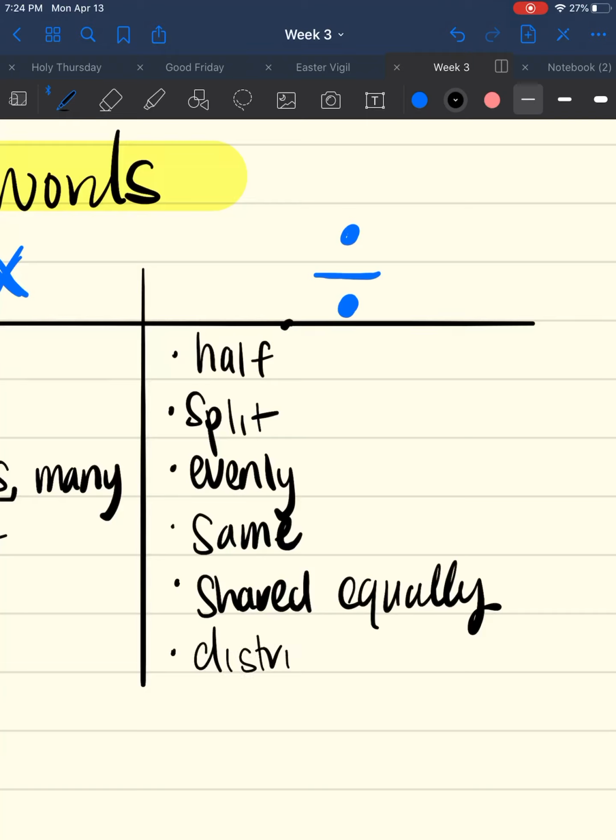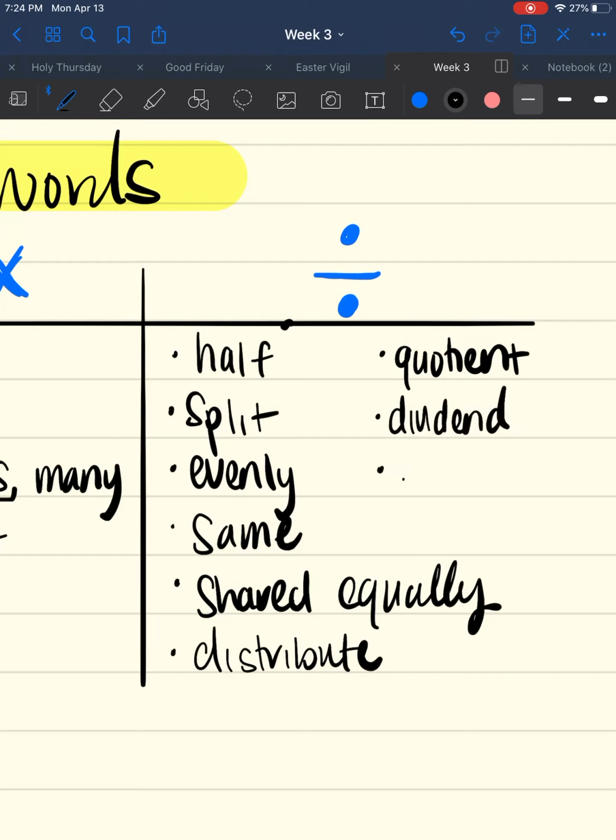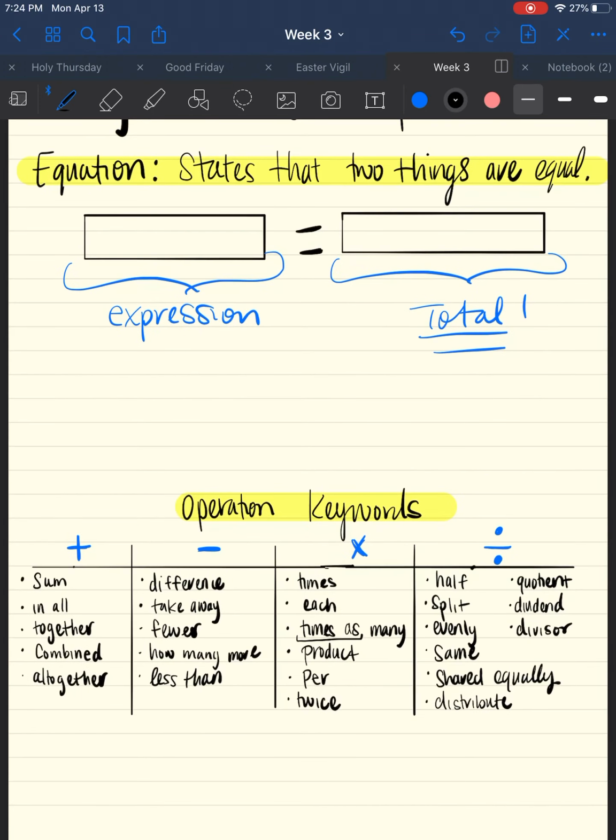Distribute is a good one as well. Another one could be the word quotient. Quotient is the answer to a division sentence. You might also see the dividend or the divisor. These are just different words to represent division. And as you are doing some examples, you can do your own and just keep adding to your anchor chart. Now these are just some, like I mentioned to you.